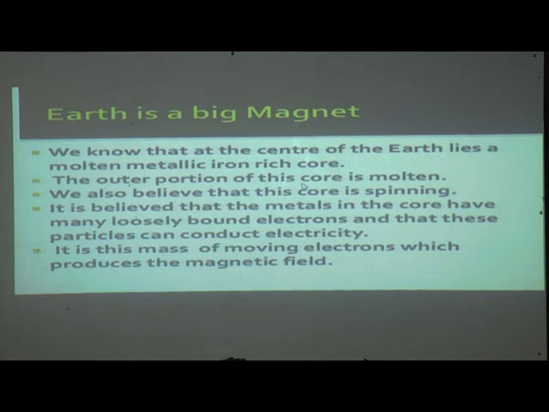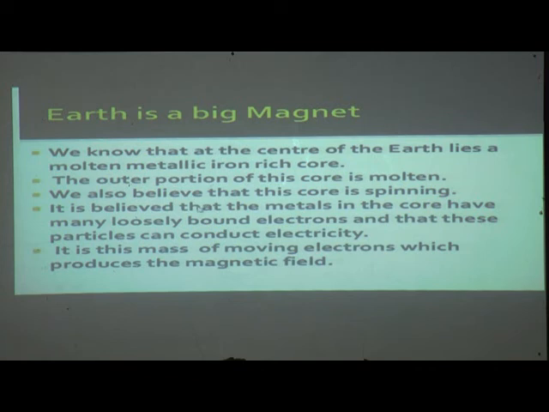Then the outer portion of this core is molten. We also believe that this core is spinning. It is believed that the metals in the core have many loosely bound electrons.